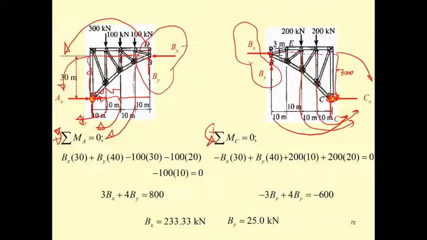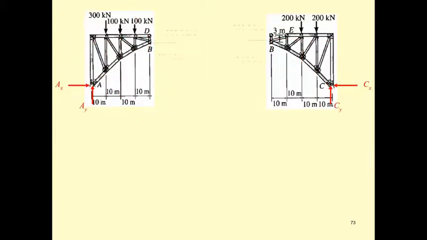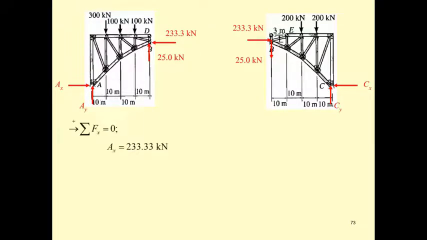So B sub x is 233.33 kilonewton, and B sub y is 25 kilonewton. That's all we have for the force at the hinge B. And then later we can use the free body diagram to determine A sub x and A sub y. It's going to be really easy.